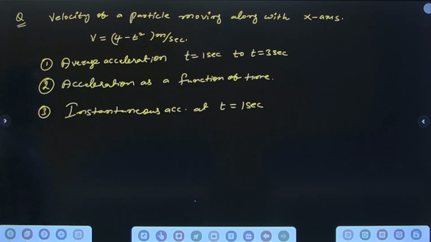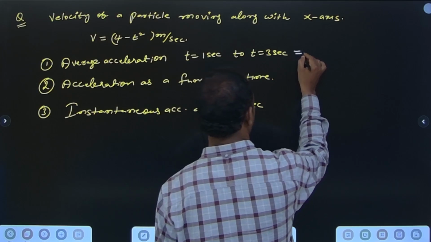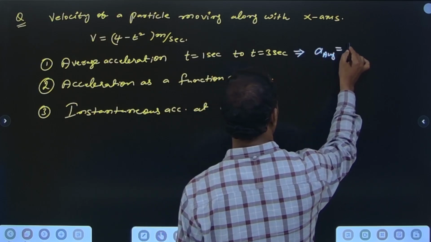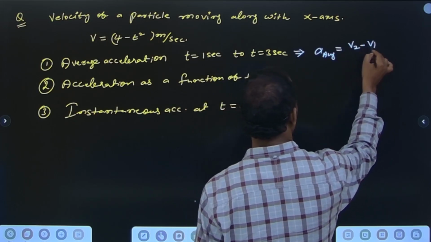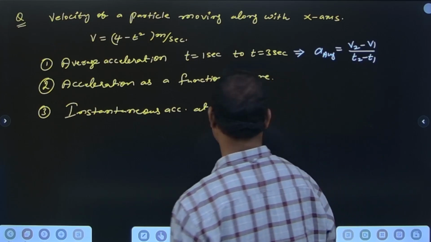Now the first one, average acceleration. From this condition we can say a_avg = (v2 − v1)/(t2 − t1).